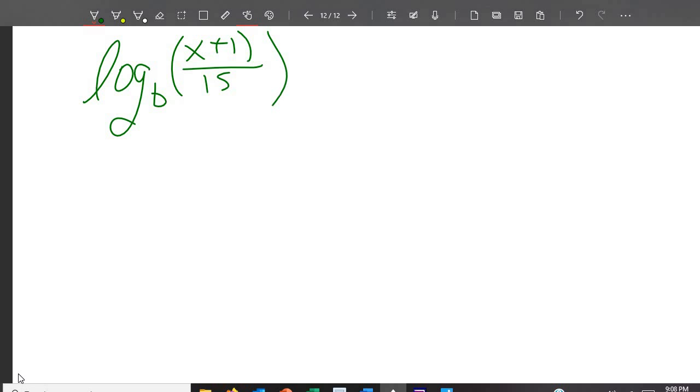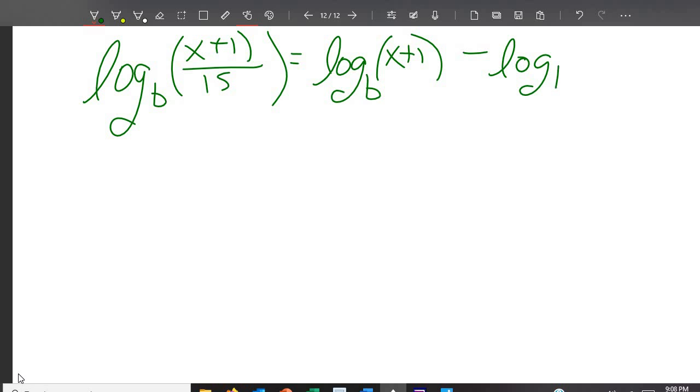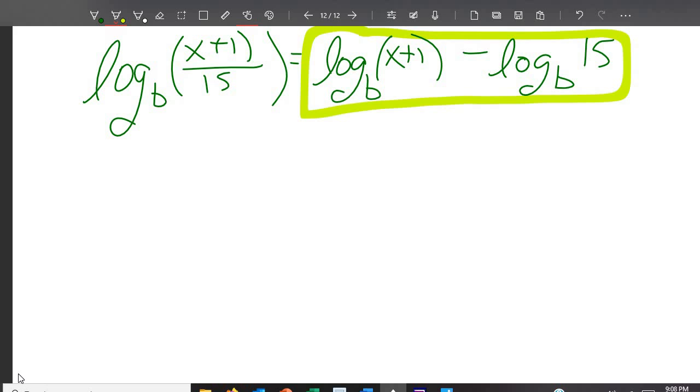Why not? Well, it's a quotient rule. We're going to break it apart. The numerator goes first, minus the denominator. Now, I can't do anything else on this problem. I just wanted to show you one where it doesn't have to have a single variable. It's got a binomial. But that's all I can do in that problem.